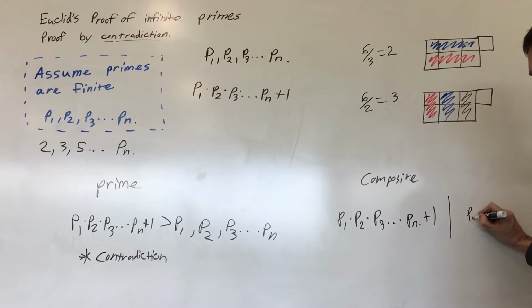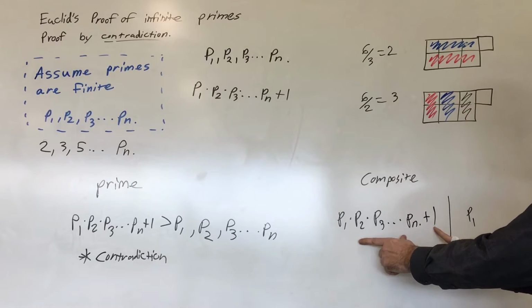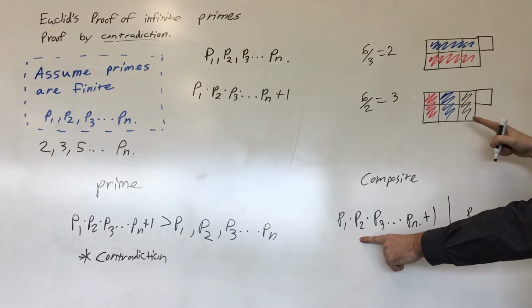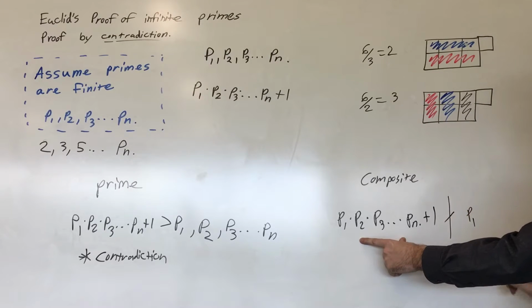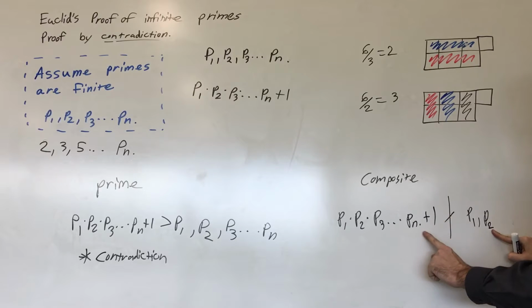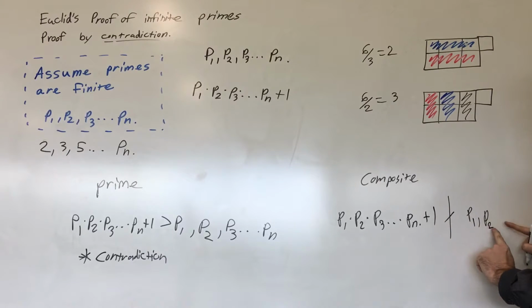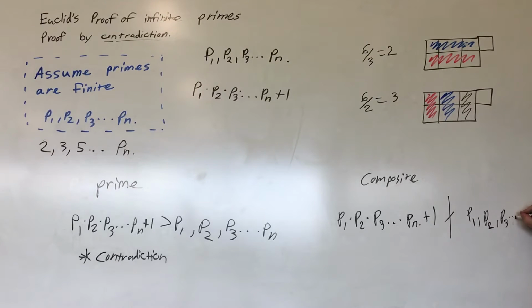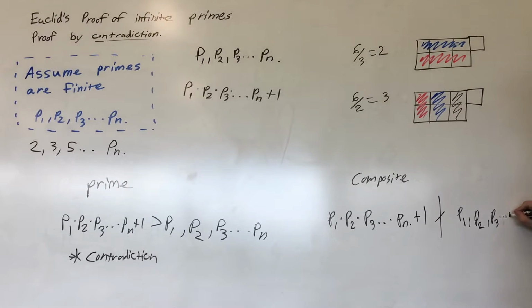Well, does P1 divide this number? No, because of the plus 1 like we learned earlier. Does P2? No. P2 does not divide this number. P3 does not divide this number all the way to Pn. Pn does not divide this number either because of the plus 1. The same logic applies to all of them.